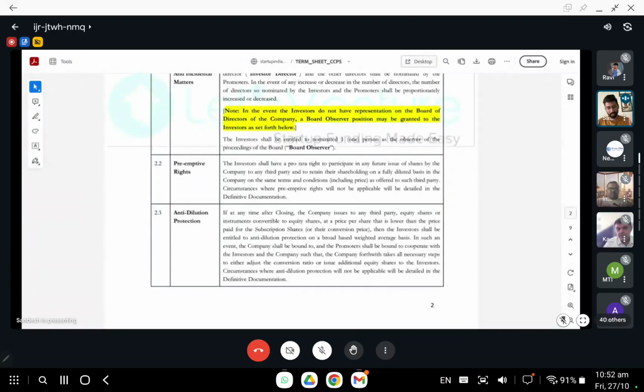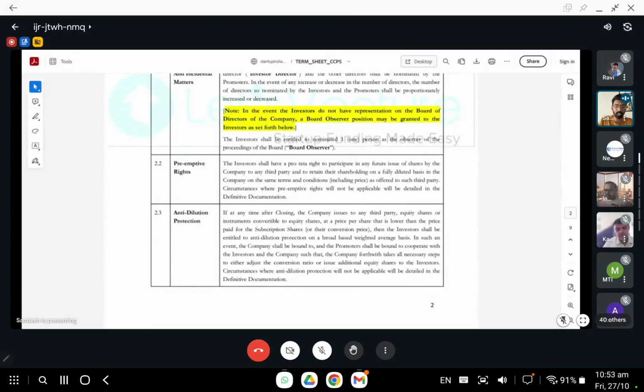This is broadly the set of rights that they ask for, and these rights are in the form of restrictions on transfer of shares or issue of new shares. Now, I did not bring this up in the first part, but any time a company has to raise money, the company issues fresh shares.